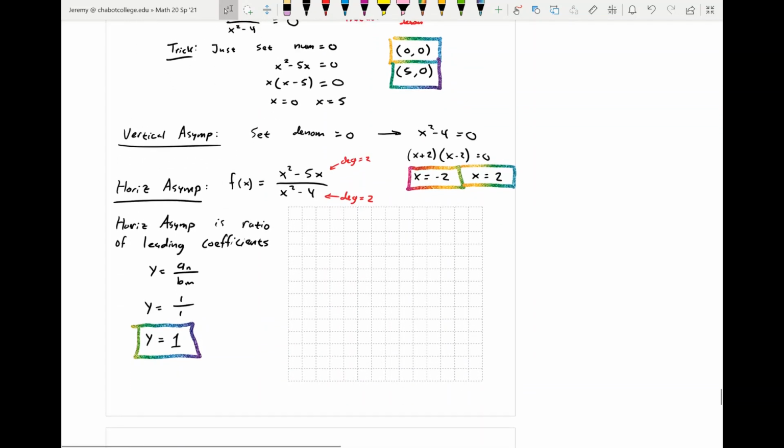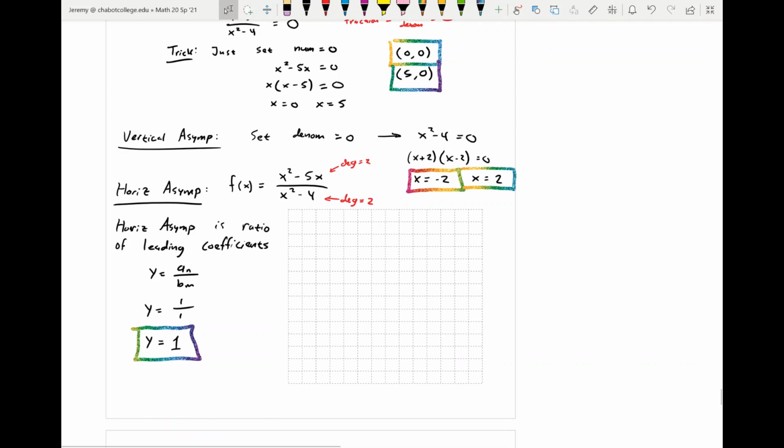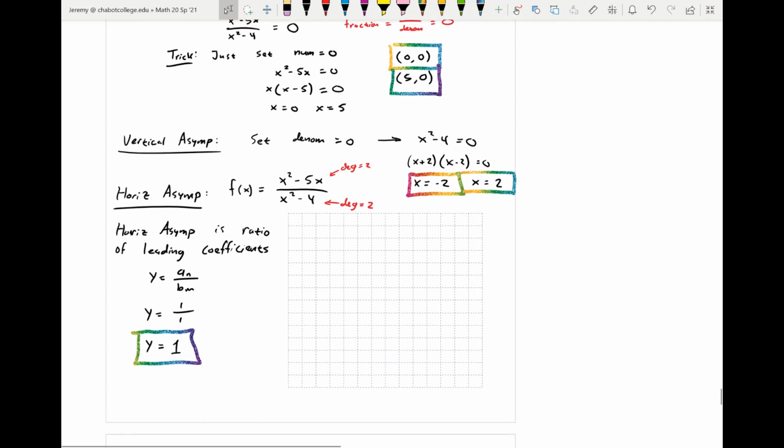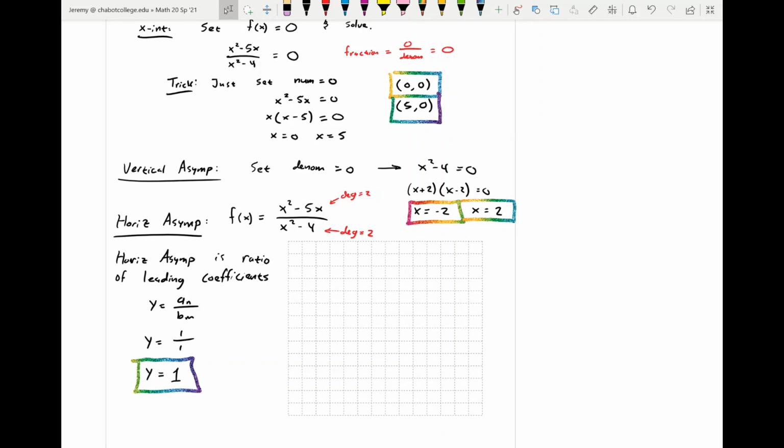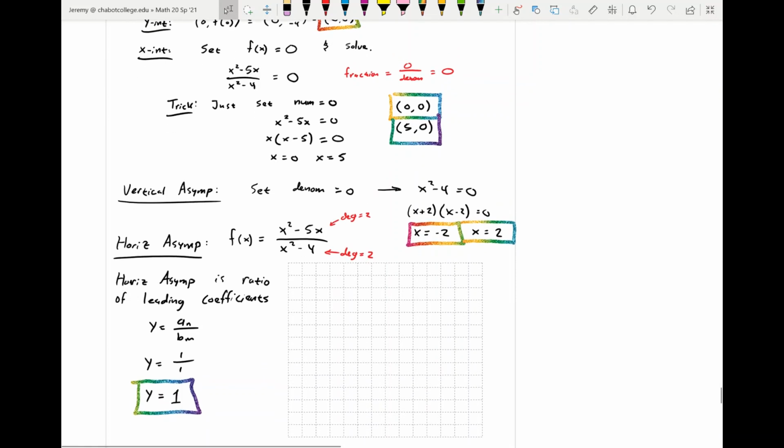Cool. So from here, we have all the super important information. The intercepts and the asymptotes are the most telling pieces of information. So what I'm going to do is plot my axes, draw in these asymptotes, and plot my intercepts.